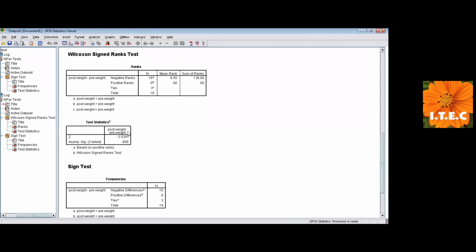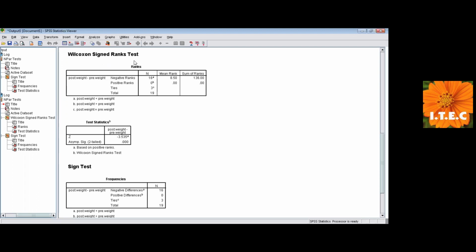And now here you see your Z value is significant at the 0.01 level. It means the negative ranks are more. That means due to physical exercise, the weight of the people has reduced significantly.